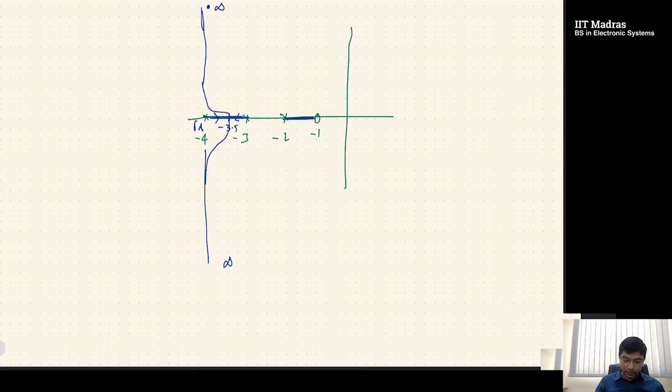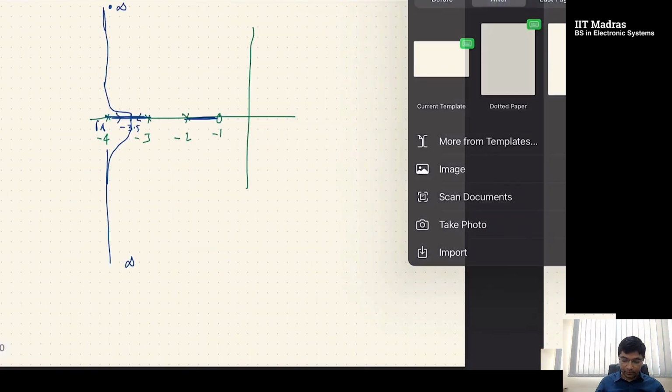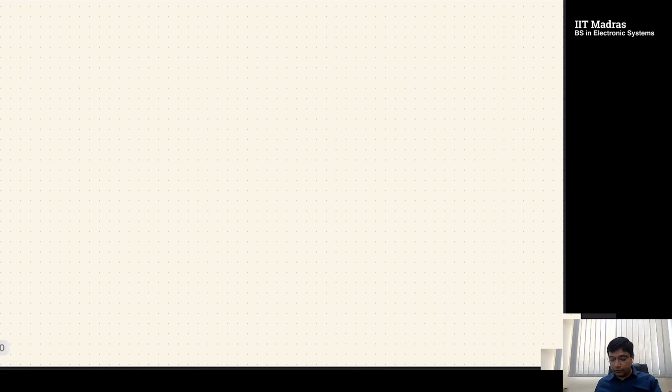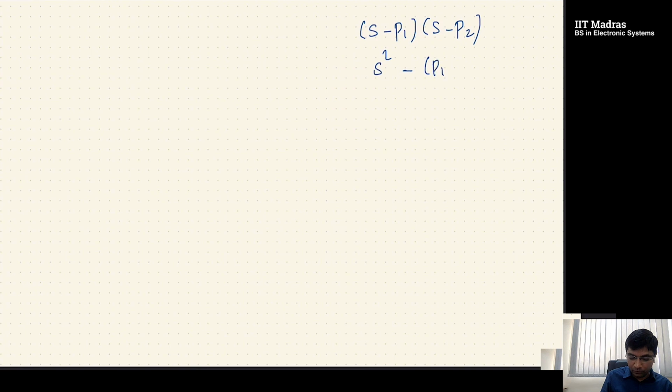Let me do a quick recap from what we know. So if I write down, say I have (s minus p1)(s minus p2). I can write this as s square minus (p1 plus p2) s plus p1 p2.